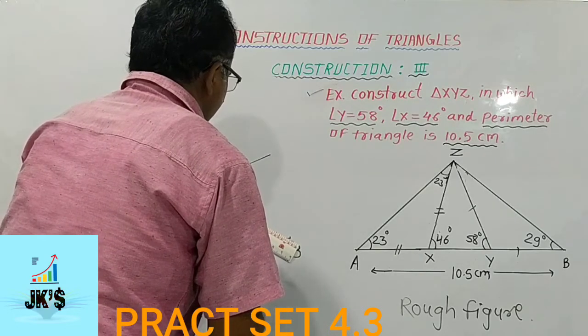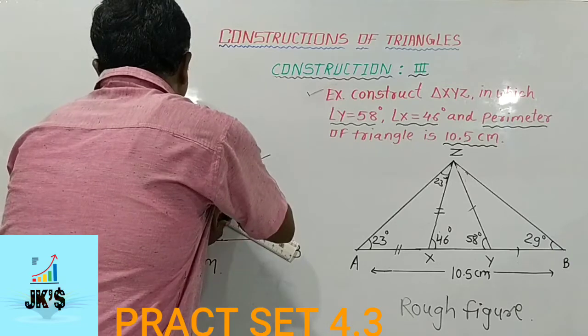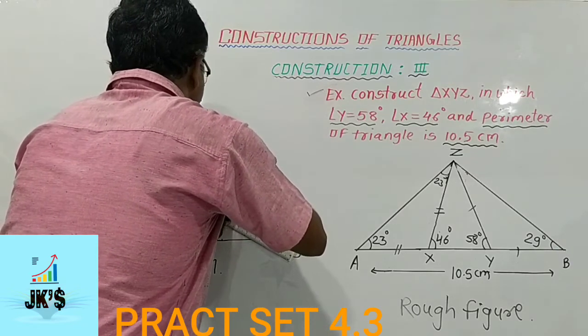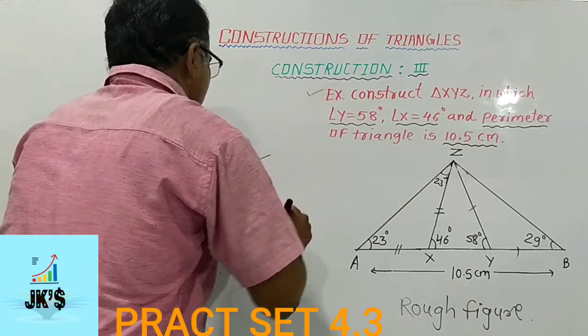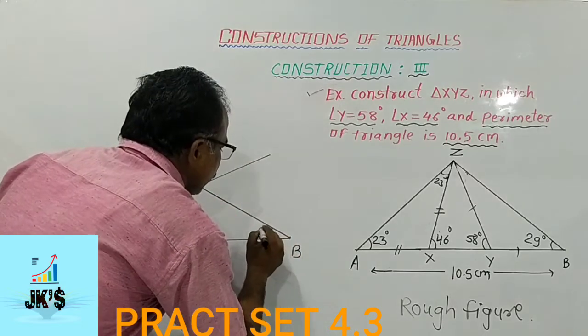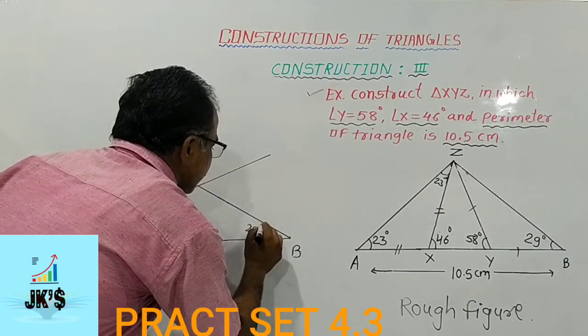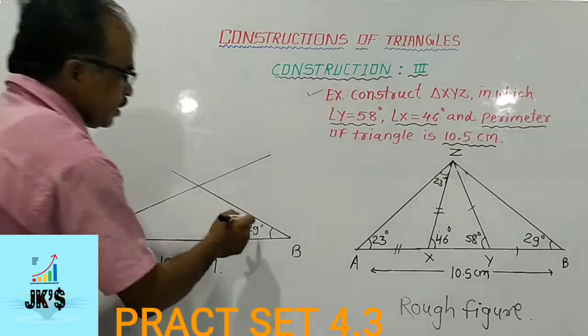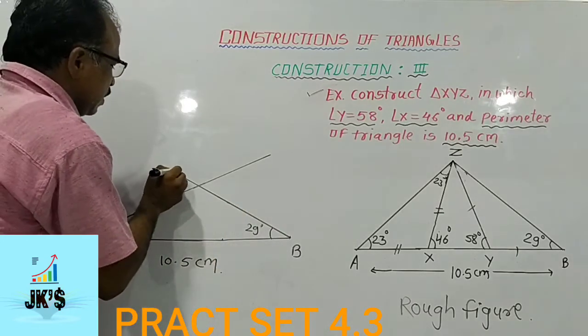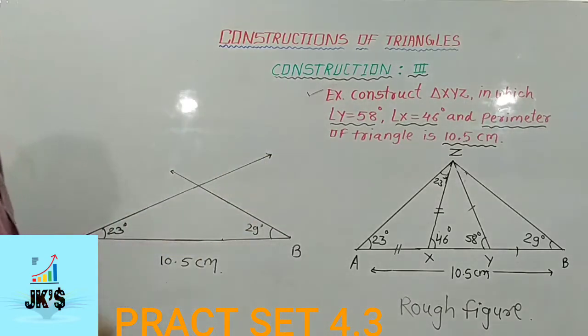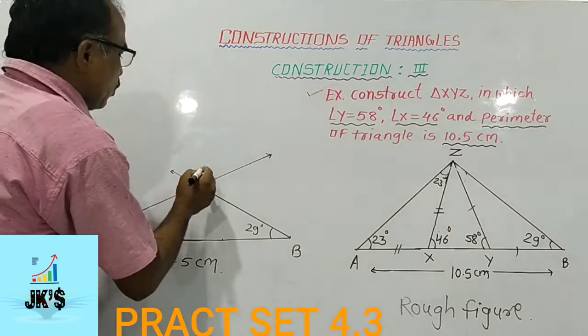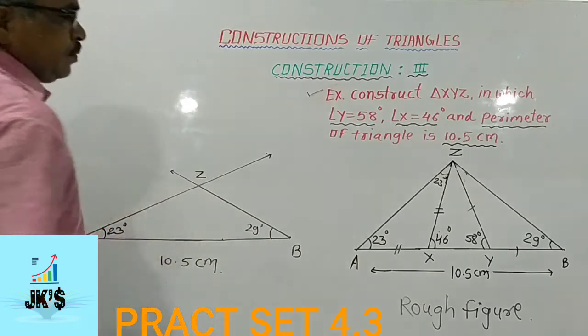This is 23 and this one is 29. The point where the rays intersect each other is known as Z.